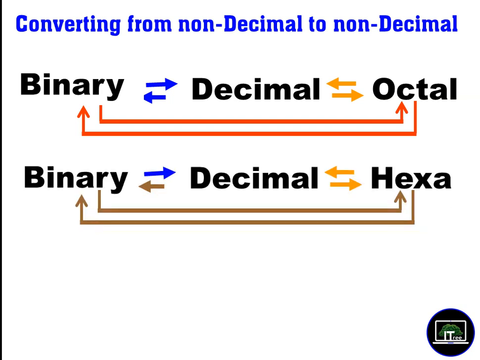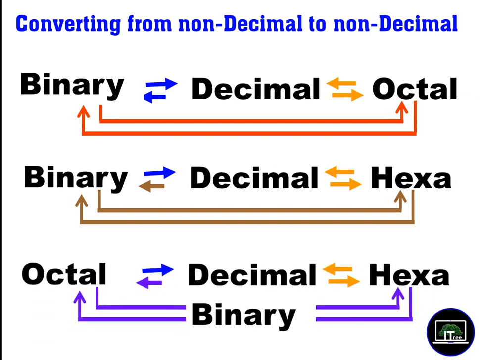You can do the same thing with binary and hexadecimal: convert to decimal, then hexadecimal, or directly from binary to hexa. You can do octal to hexadecimal conversion too: convert the octal number to decimal, then decimal to hexa.